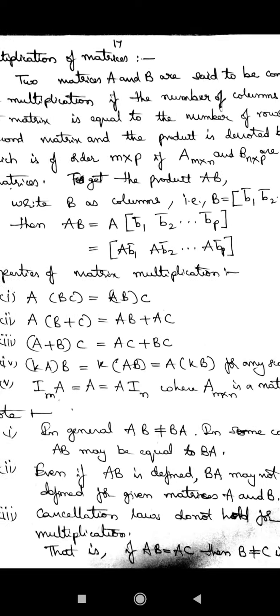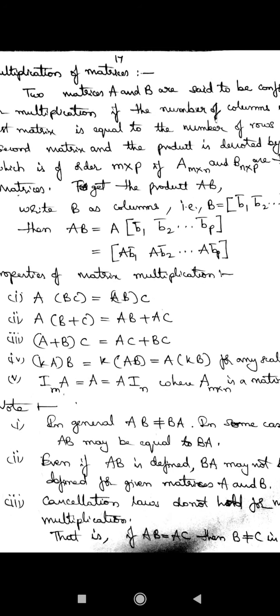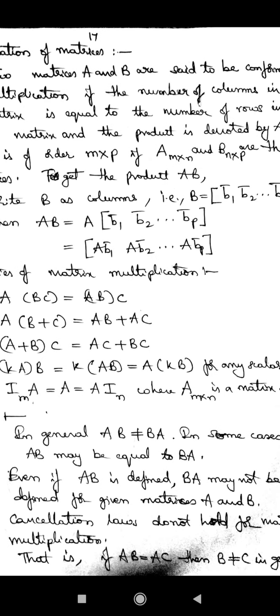The points to be noted after studying all these things are, first, in general AB is not equal to BA. Usually the product AB is not equal to the product BA. They may be of different order, or even if they are of the same order, the corresponding elements may not be the same.